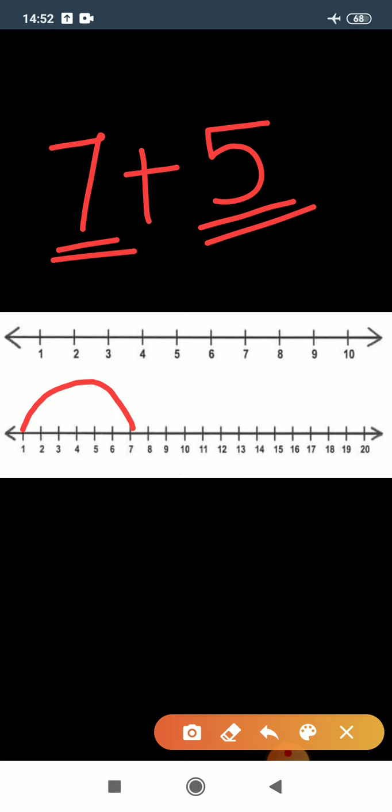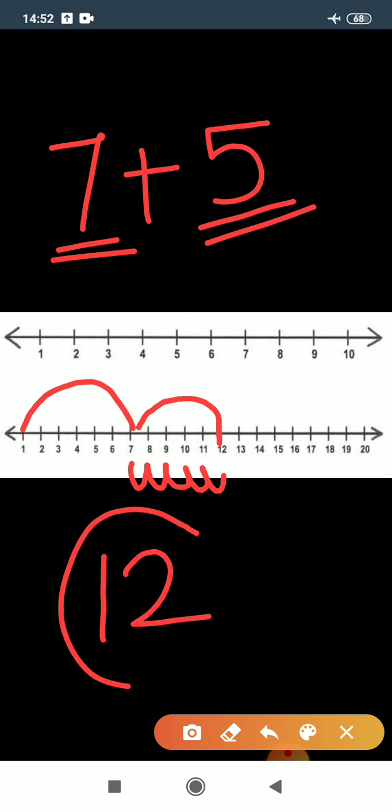So for that we just need to see 5 steps from 7. So 1, 2, 3, 4 and 5. That means 7 to 12. This is my 5th jump. That means my answer will be 12. So with the help of number line we easily calculate the sums.